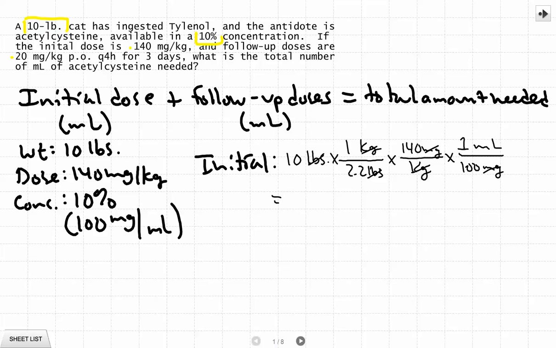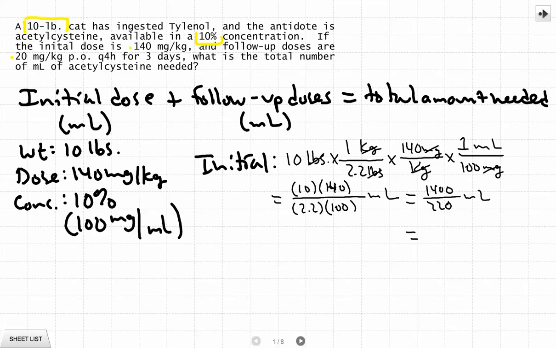So then if we do the math here, the factors left in the numerator are 10 and 140. And the denominator is 2.2 and 100. And that's milliliters. So we have in the numerator 1400, and in the denominator, we have 220. That's milliliters.